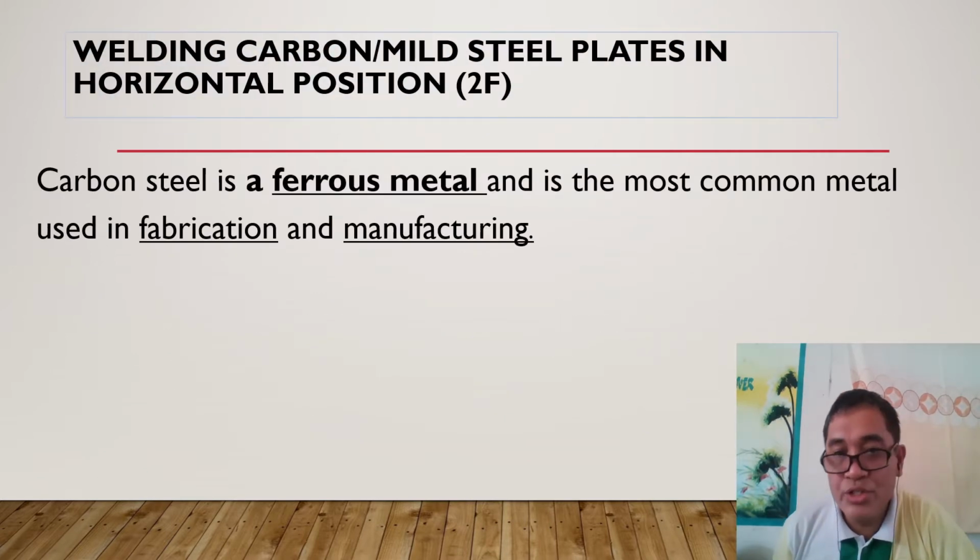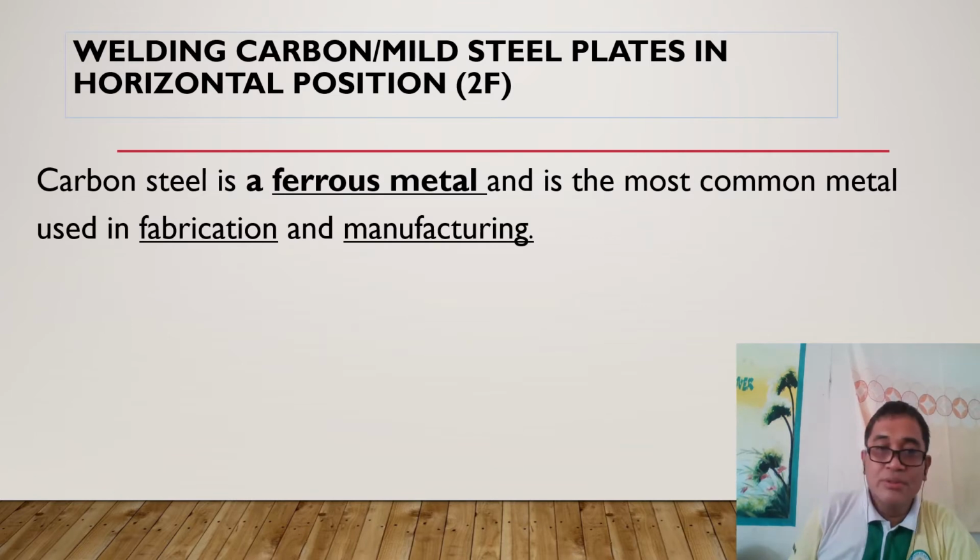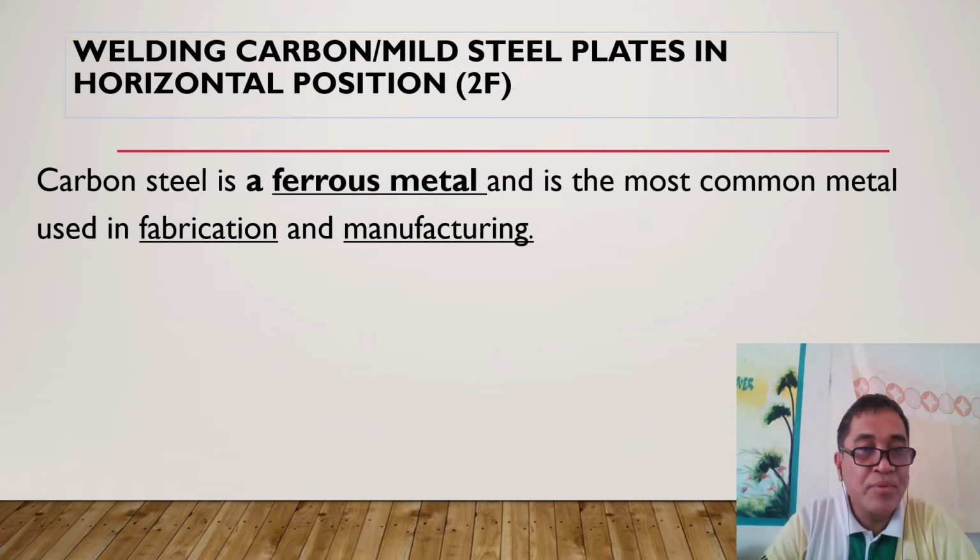So we have here a question: what is carbon? Carbon is one of the elements in steel. Steel is a combination of two or more metals combined together. Carbon steel is a ferrous metal and is the most common metal used in fabrication and manufacturing.